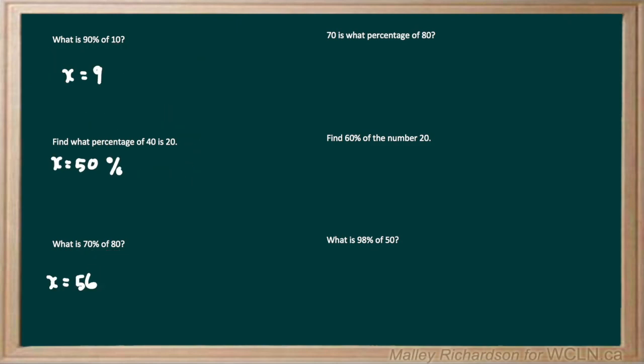The next question is 70 is what percent of 80? So again, we want to write out our formula of percent over 100 equals is over of. Now we have our is, and we have our of, and we just need to find our percentage. So now we're going to replace our variables of percentages are unknown of x over 100 equals is, which is 70, over our of, which is 80.